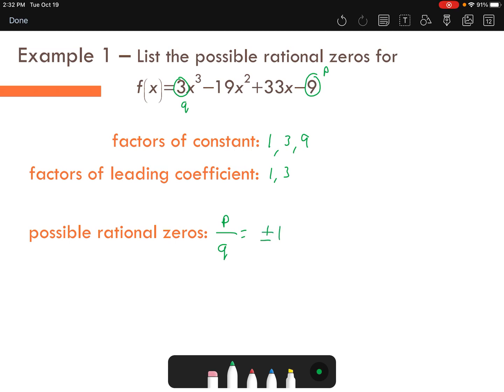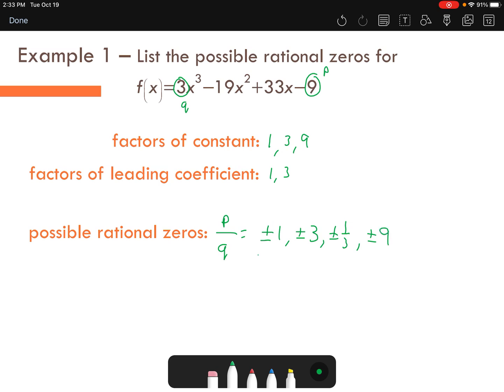We could have plus or minus 1, which is 1 over 1, or 3 over 3. We could have plus or minus 3, which would be 3 over 1, or 9 over 3. We could have plus or minus 1 over 3. 3 over 1, 9 over 1, oh, better get 9 as well.